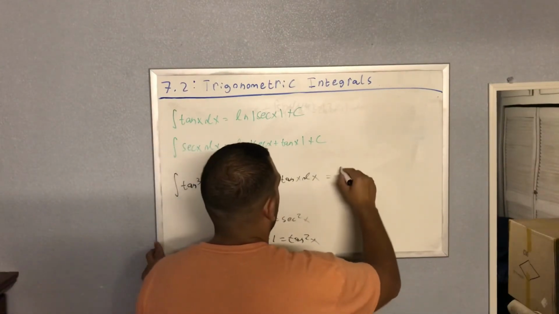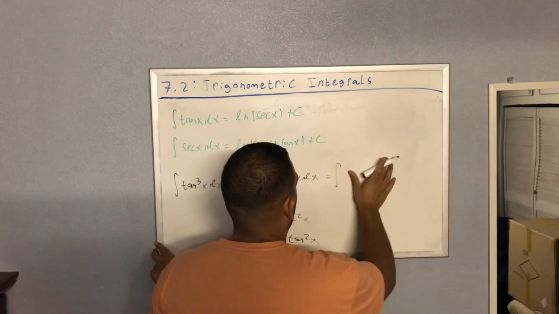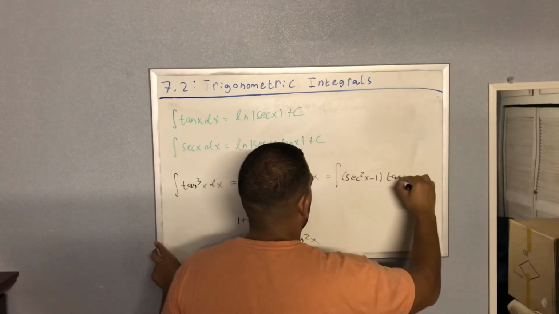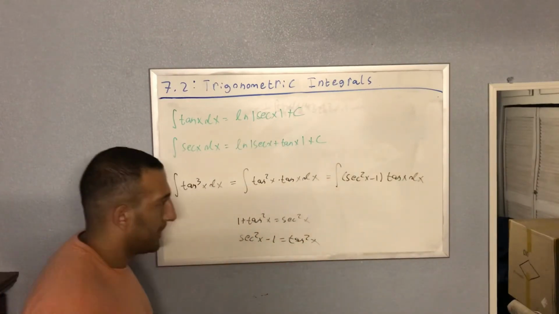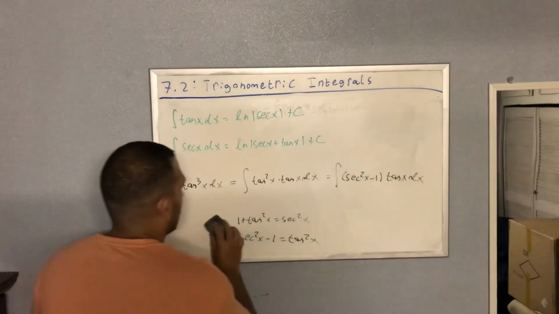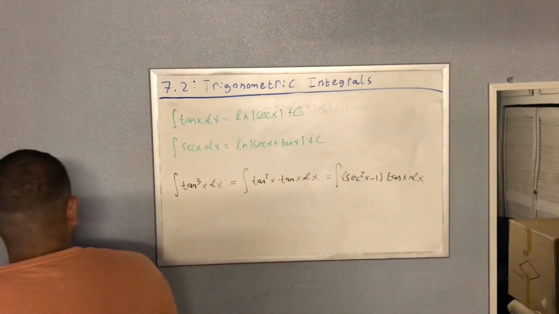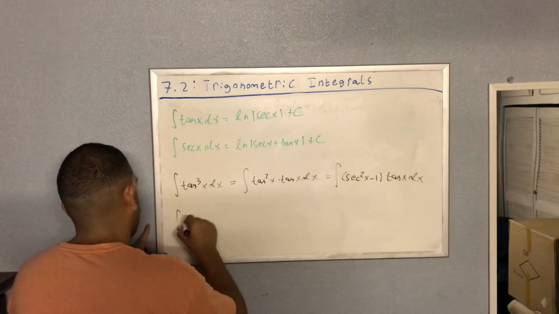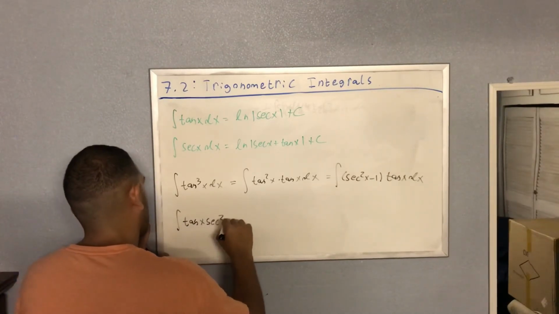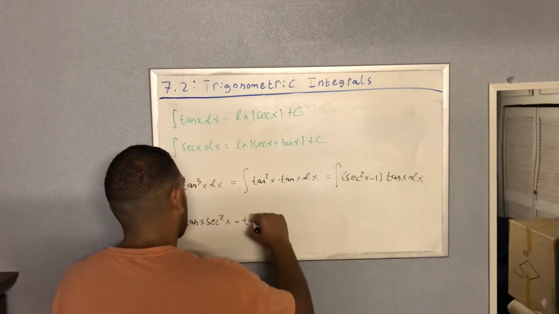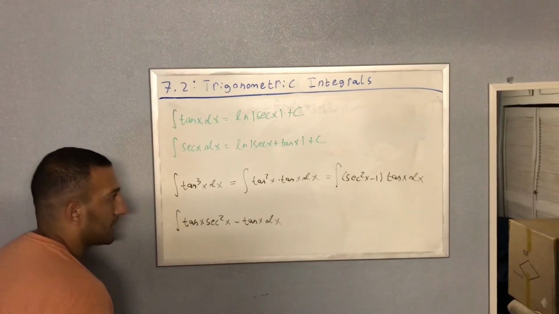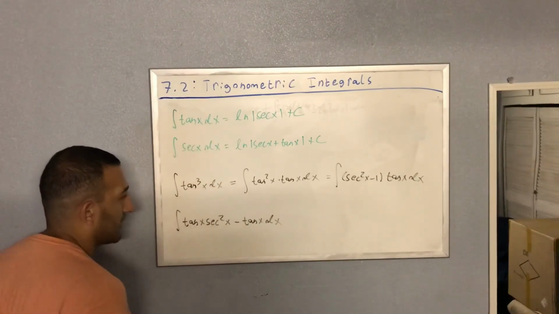So this is the integral of secant squared minus 1 times tangent, and then we'll distribute the tangent. So this will become tangent x secant squared x minus tangent x. And then we'll split this into two different integrals. And now you can see where this is going to come into play.